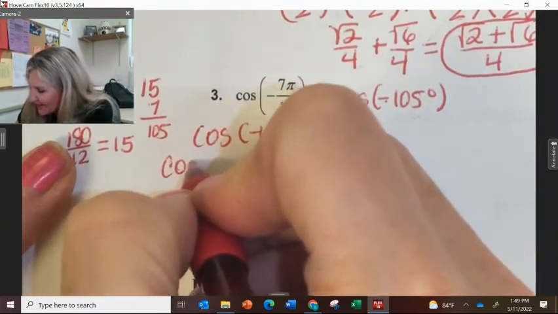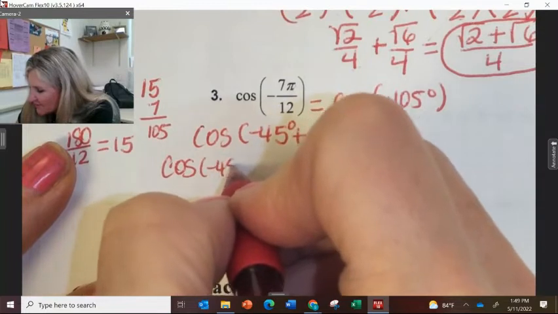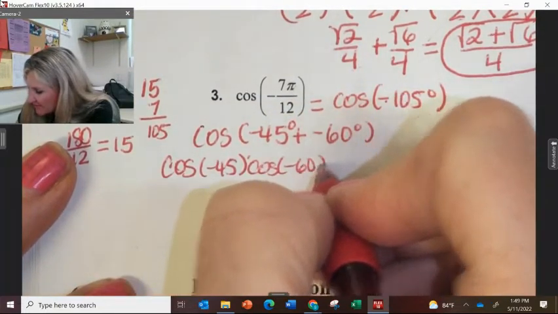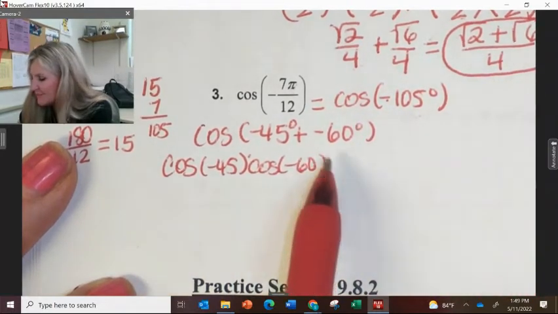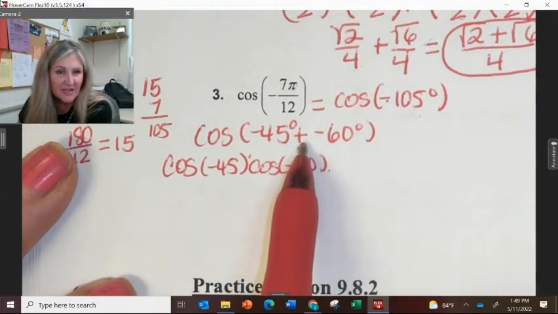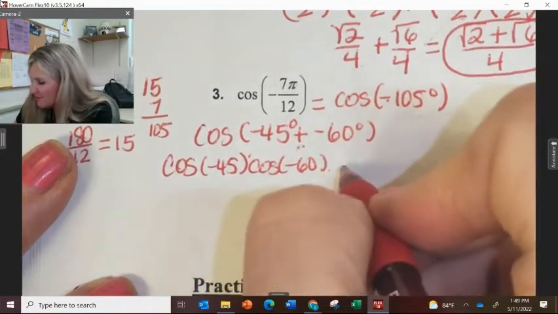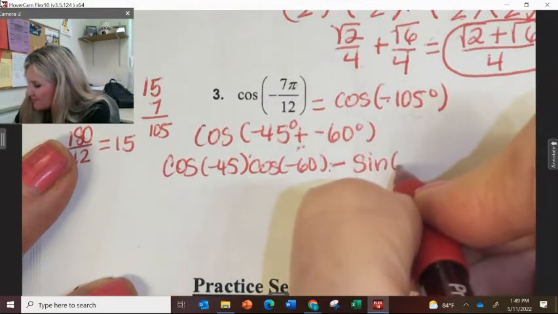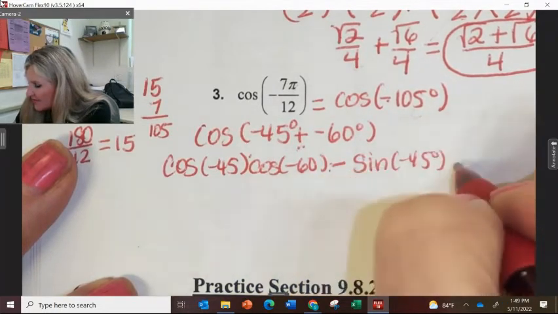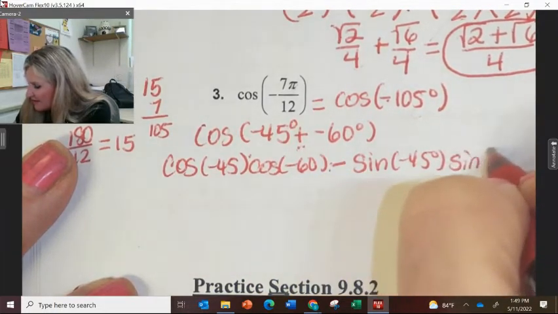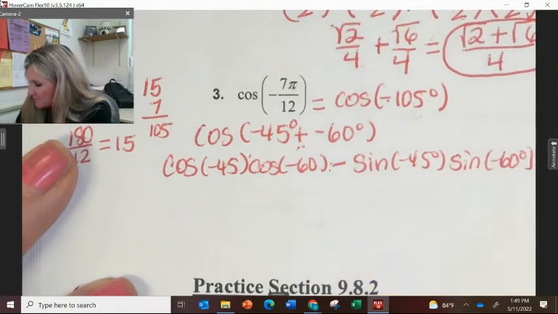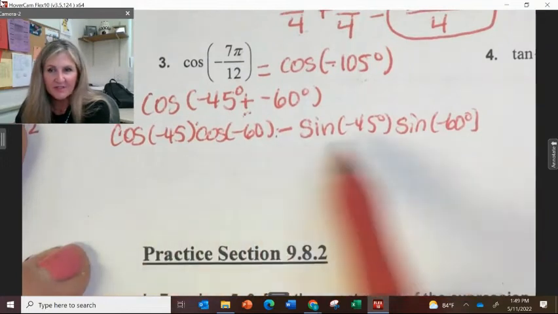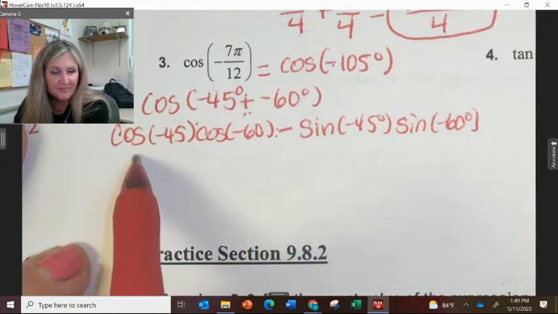So this is going to be cosine of negative 45, cosine of negative 60. And then is it the same or the opposite of this middle sign? Opposite. Look, we're already memorizing this. Then we have the sine of negative 45 times the sine of negative 60.